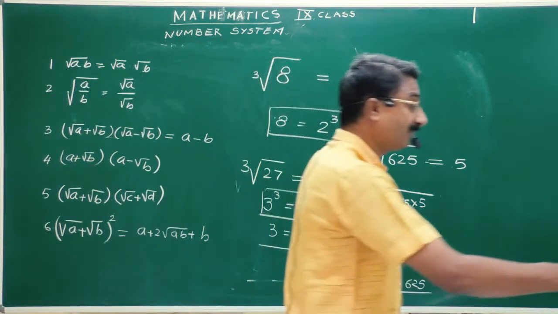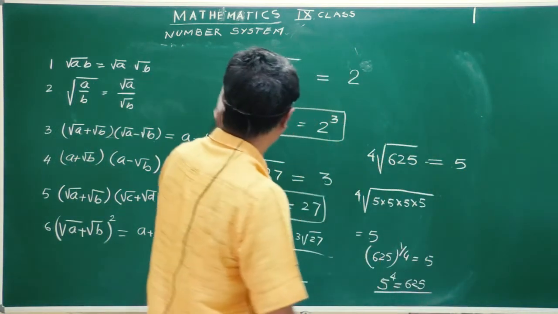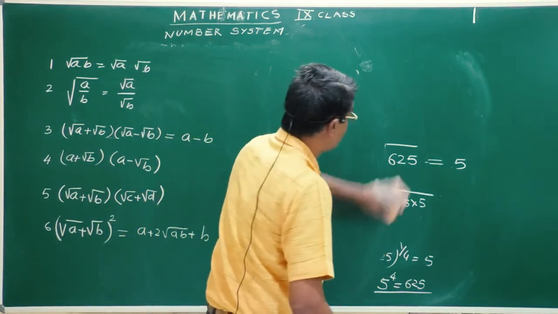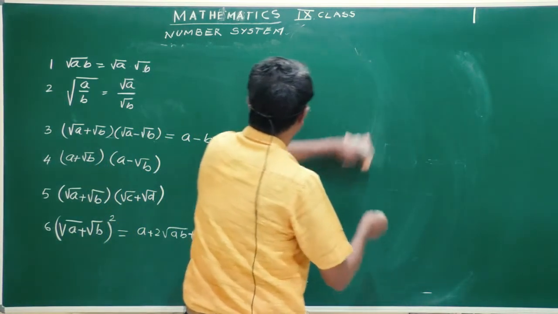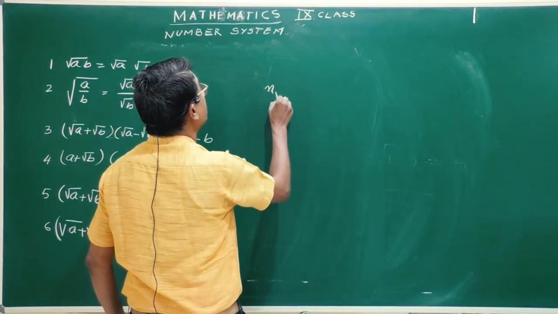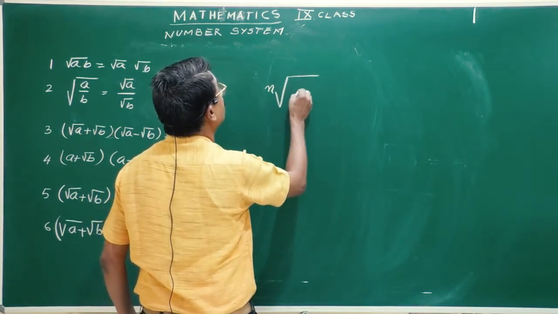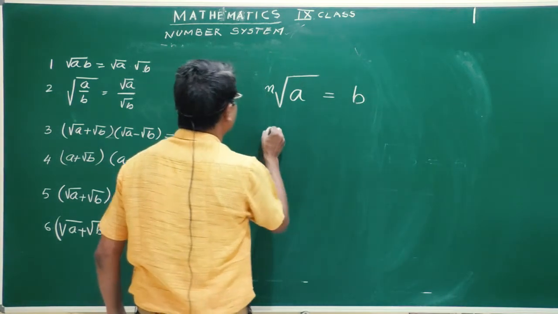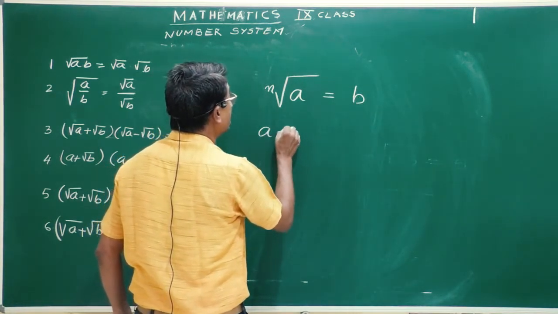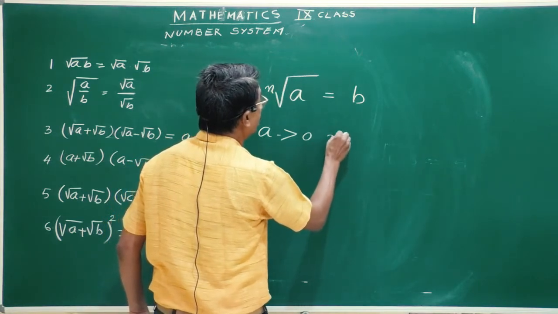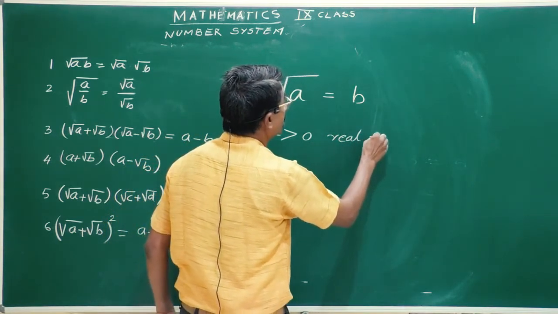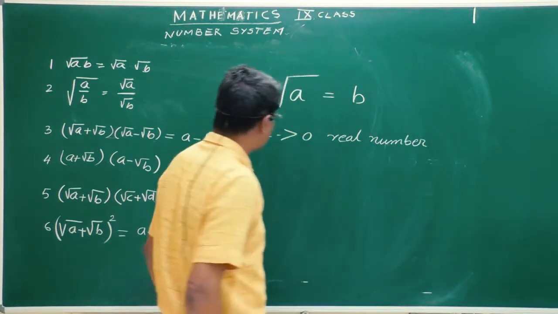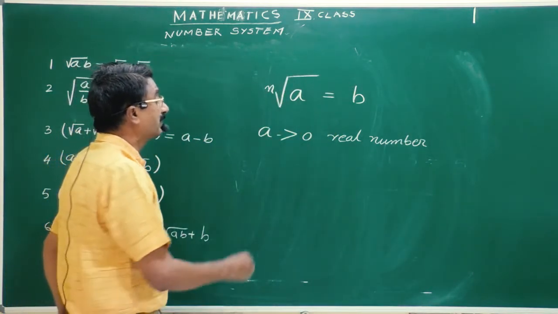So these are the examples to explain it. Commonly if you want to write, the nth power of B is equal to A; nth root of A is equal to B, where A is greater than 0 and is a real number.